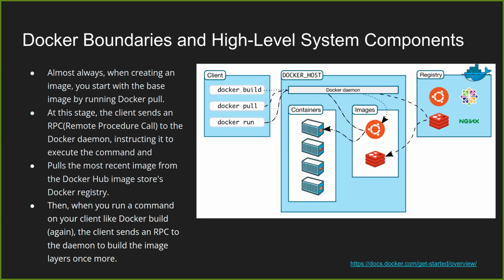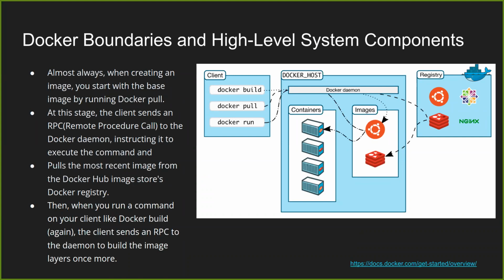At that stage, the client sends a remote procedure call to the Docker daemon, instructing it to execute the command to pull the image from Docker Hub, which is a Docker registry store. Then when you run a command on your client, like docker build, again the client does this back and forth communication with the daemon.